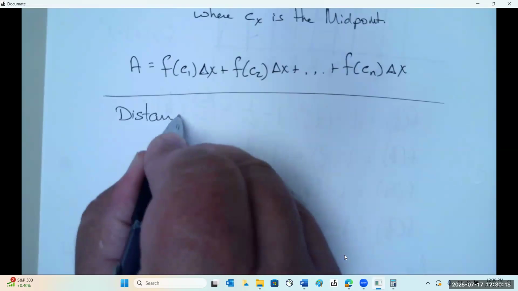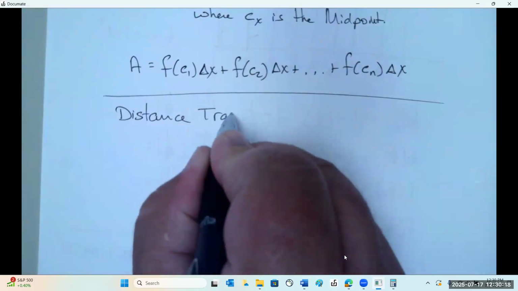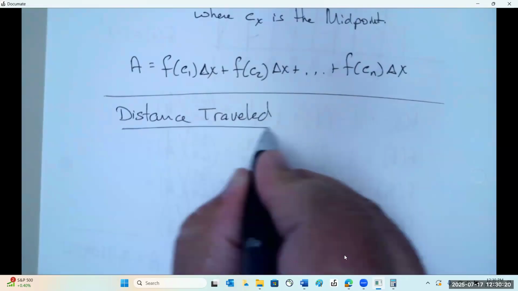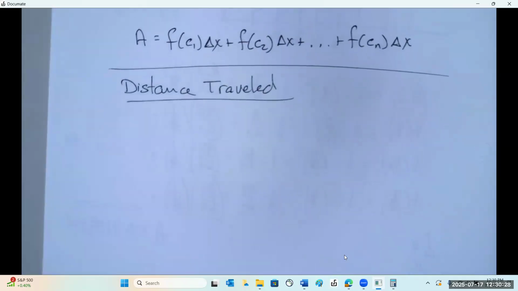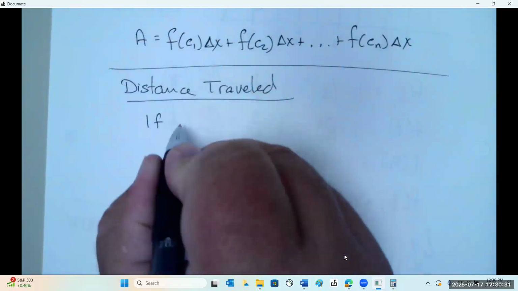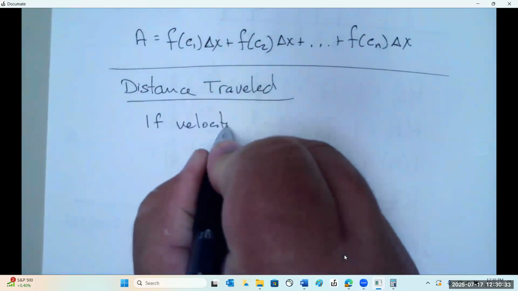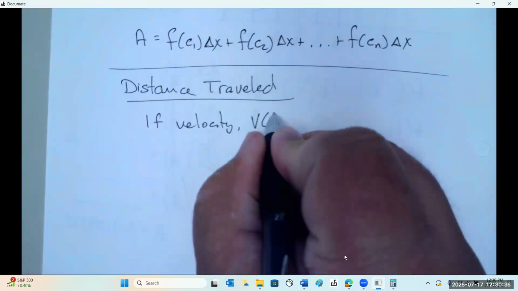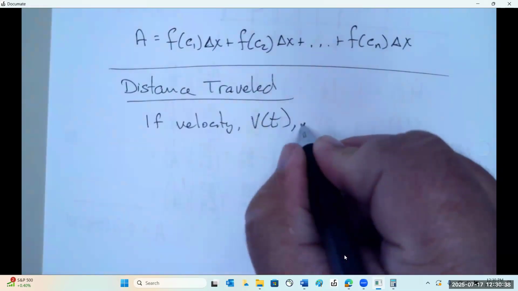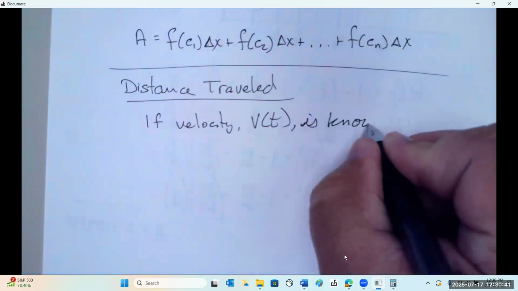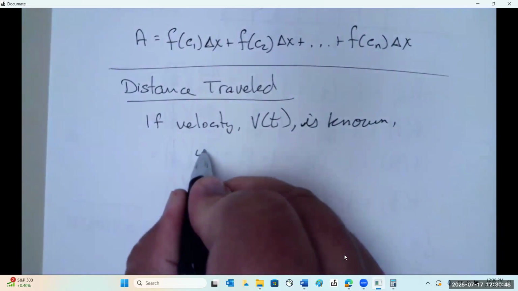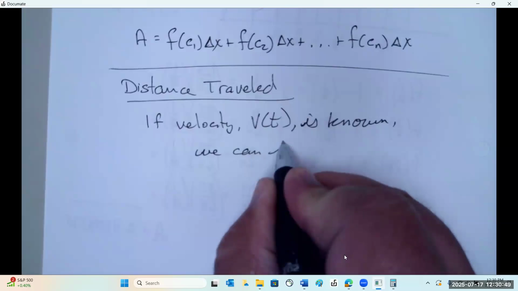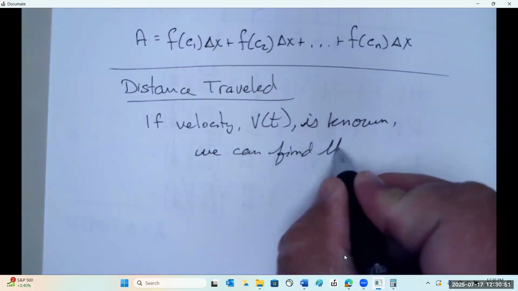Besides area, we can determine distance traveled, overall distance traveled. Because if the velocity v of t is known, we can find the distance traveled.